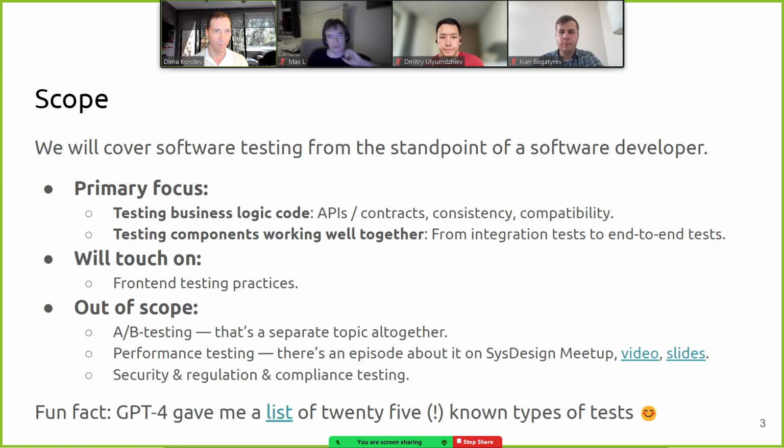My objective today is to cover software testing from the standpoint of a software developer. Full disclosure, I asked ChatGPT what kinds of tests it knows. It gave me 25 options. So it turns out the topic is quite big. People call lots of things software testing, and people call lots of things different types of tests.